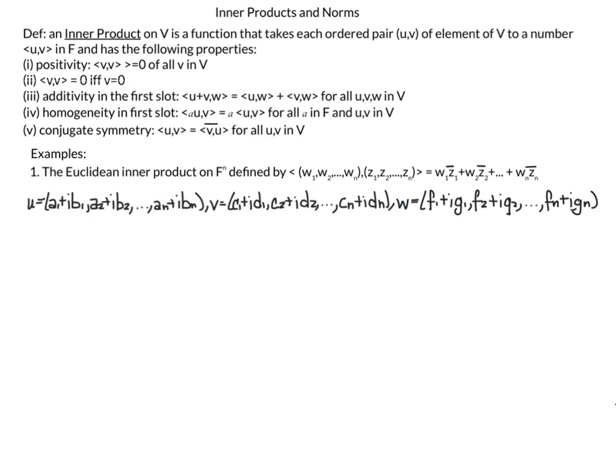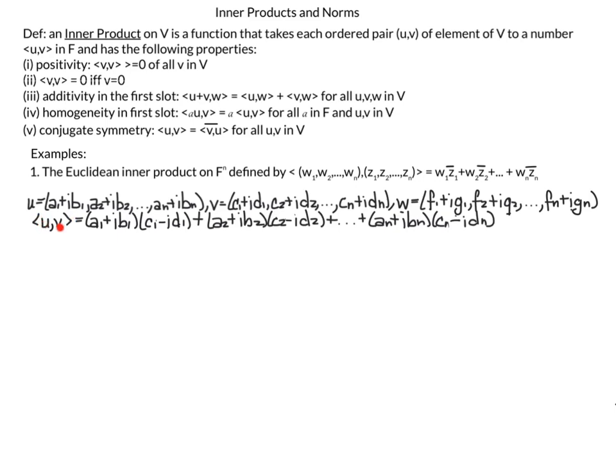And vector w is going to be f1 plus ig1, f2 plus ig2, up to fn plus ign. Of course the a's, b's, c's, d's, f's, and g's are all real numbers, but because of the ib1 or the id2 or the ign, the vectors have potentially complex components.